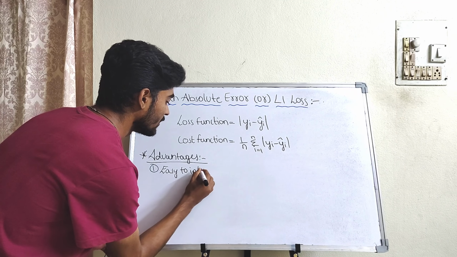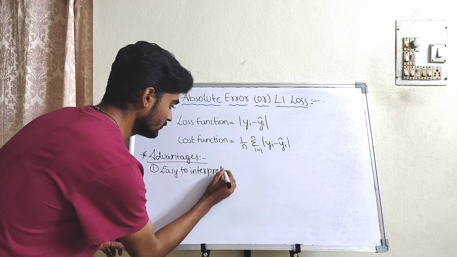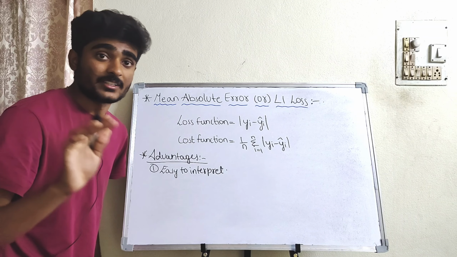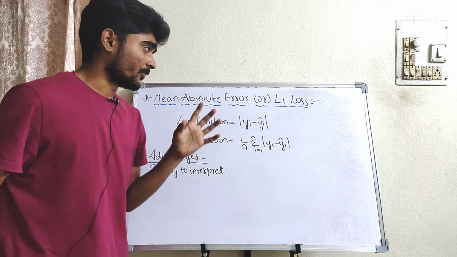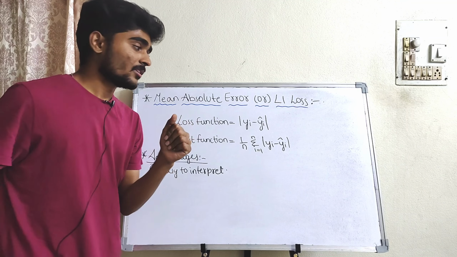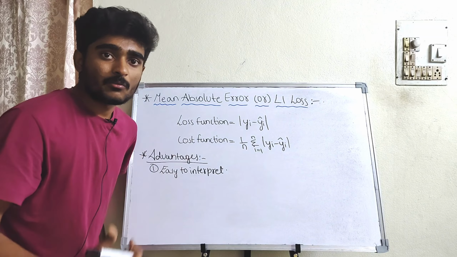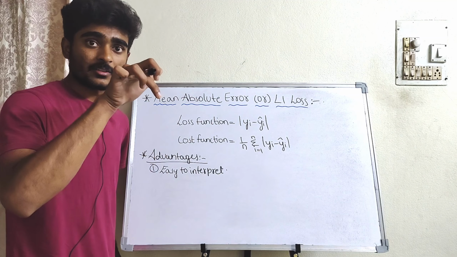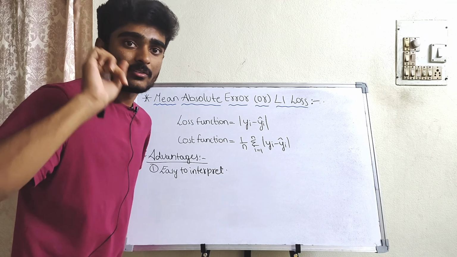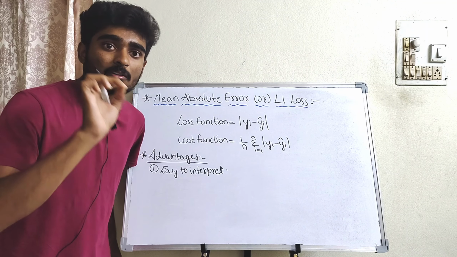Easy to interpret. And the second advantage is about the main disadvantage that we faced in the MSE loss: the units. When units are involved in the calculation of loss, let's say we have taken weights. Suppose the loss calculated is 1000 kg.